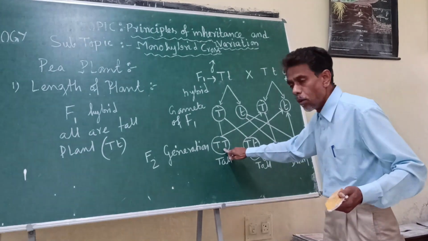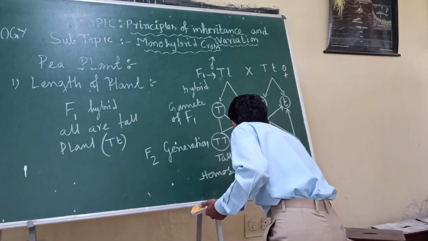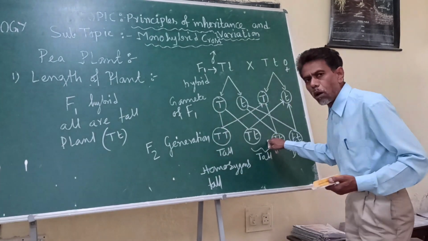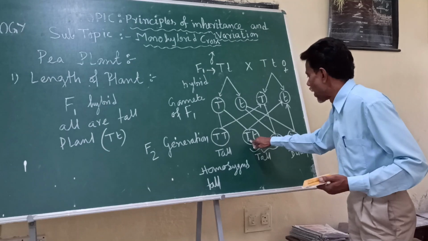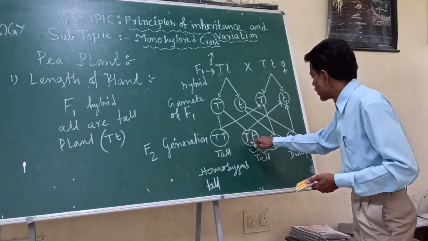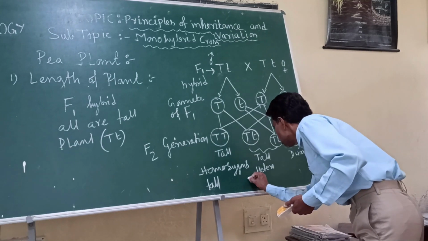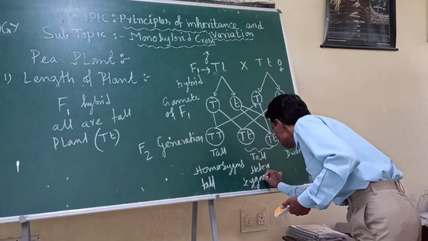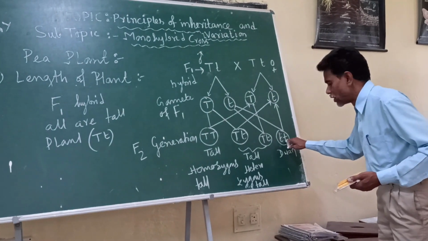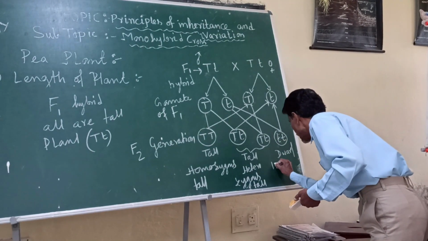Yes, this is homozygous tall. This is also tall, but it is called heterozygous. The two factors, or today what we call genes or allelic genes, are capital T and small t, different, heterozygous. Heterozygous tall. And this is dwarf. Both are having the same gene, or as per Mendel, the same factor, small t. So homozygous dwarf.